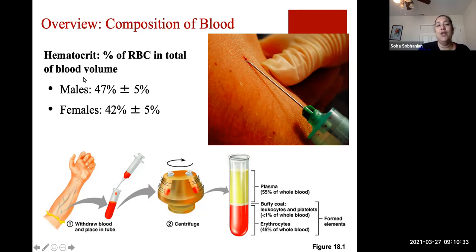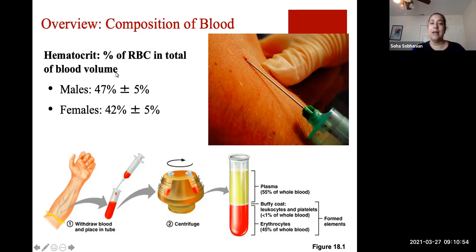Again, notice when you're looking at the percentage of red blood cells, notice the word, guys. Percentage of red blood cells is known as hematocrit. If you're in a physiology lab, you will see this word over and over again. Hematocrit is the percentage of red blood cells.